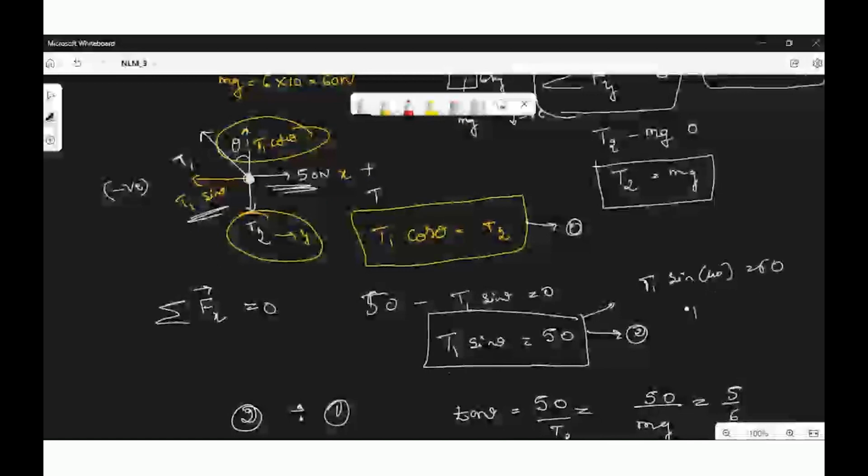Sin 40 is 0.6428. Let it be just 0.64, or you can write one more decimal. So this will give you 50 divided by 0.64. Something around 78 you will get.